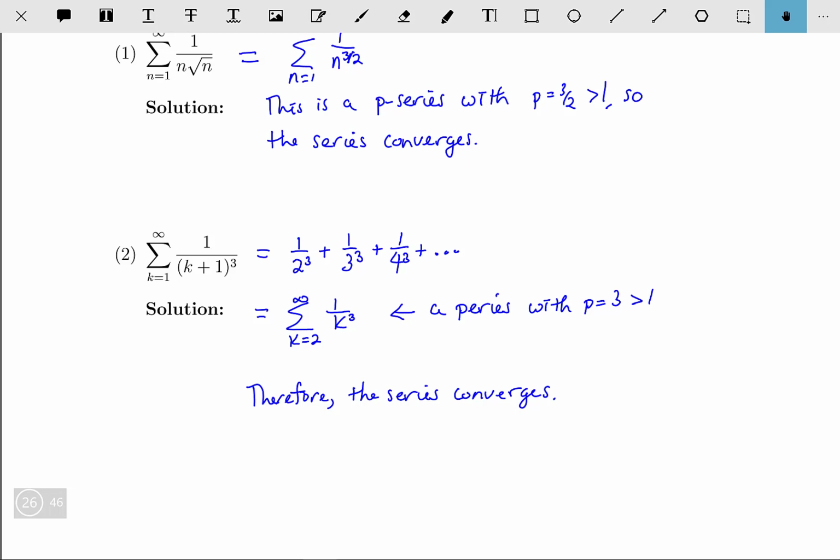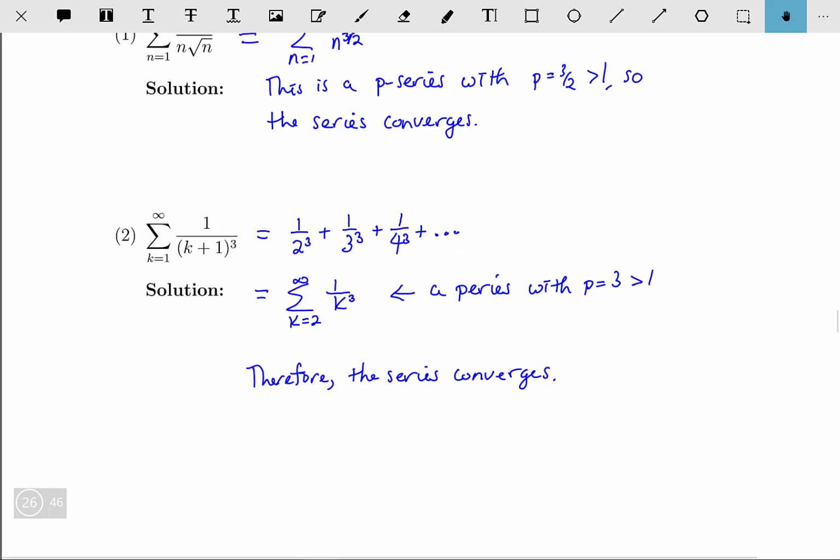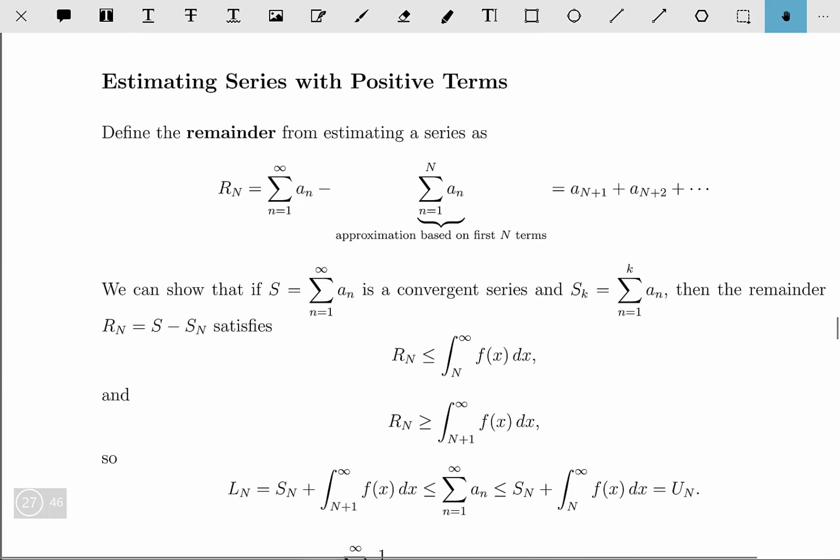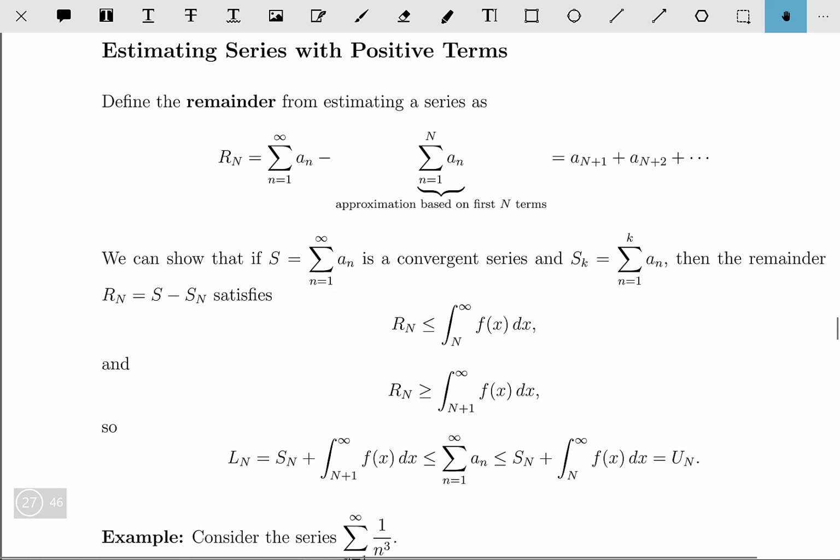In the meantime, let us carry on and look at estimating series with positive terms. Our goal here is to take a converging series, because otherwise it wouldn't make sense to estimate the remainder. It would be kind of infinite probably.